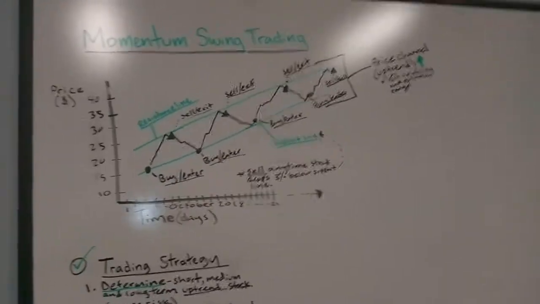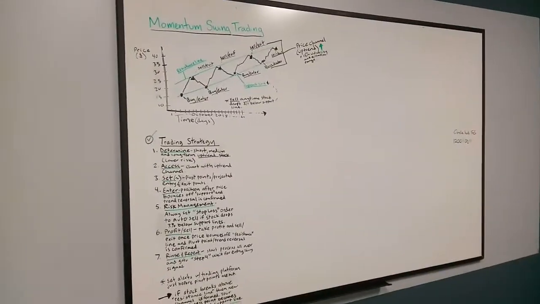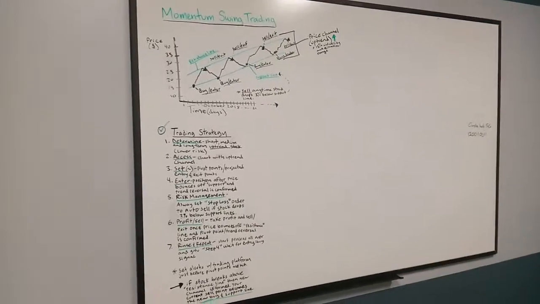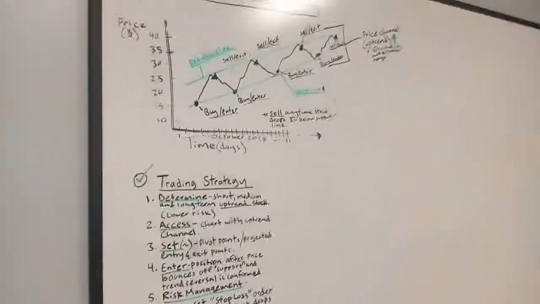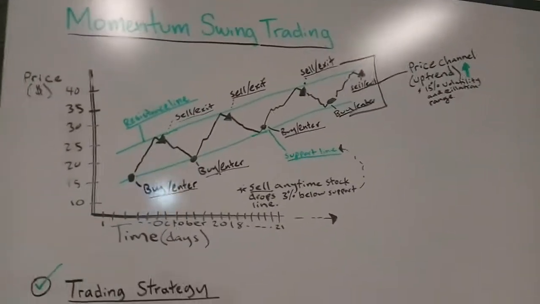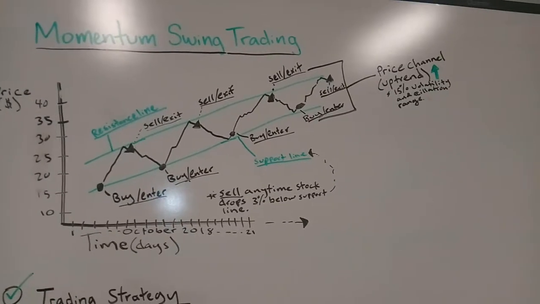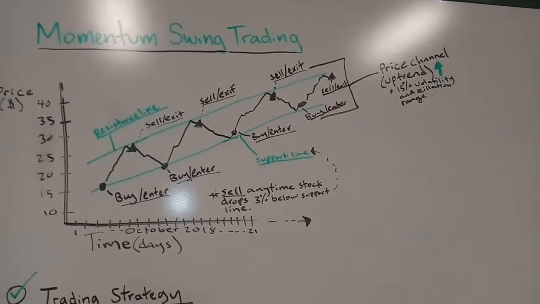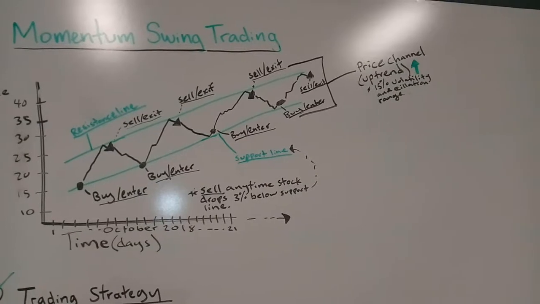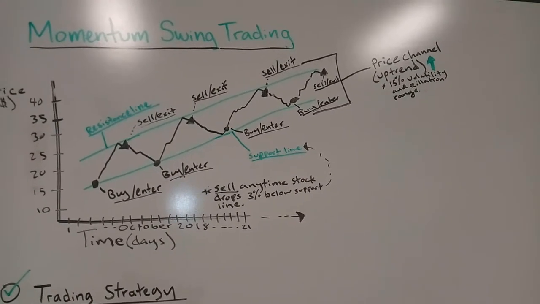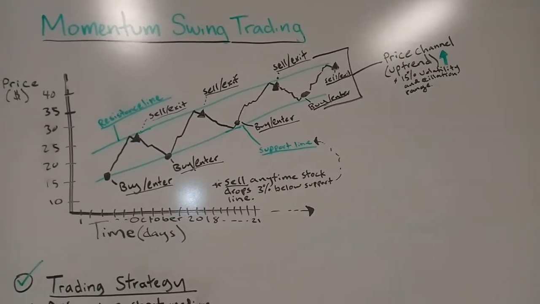So that's the technique. I'm not going to get into other aspects like different indicators and news and other signals in the technical analysis, but this is a very basic, simple momentum swing trading technique that you can use, and it has a pretty good success rate.